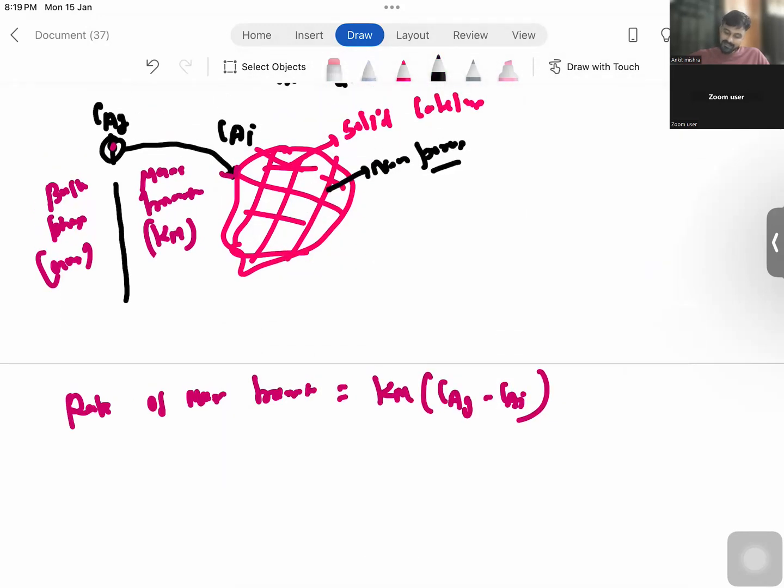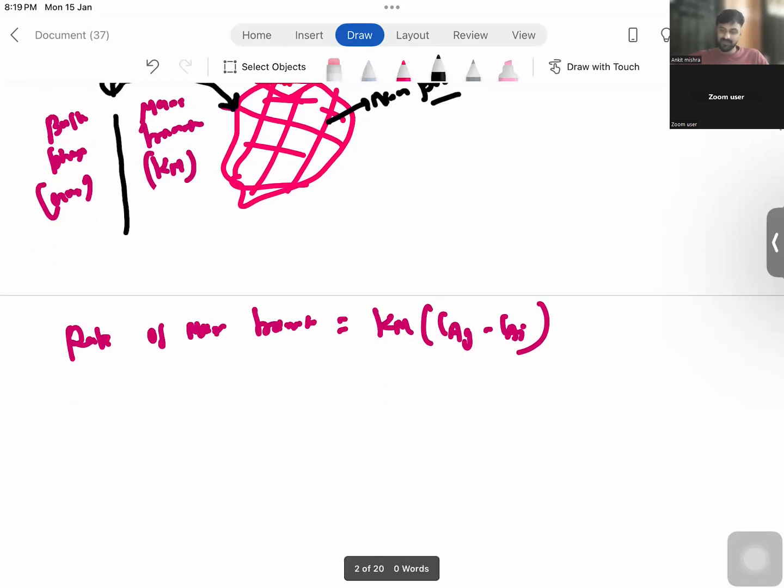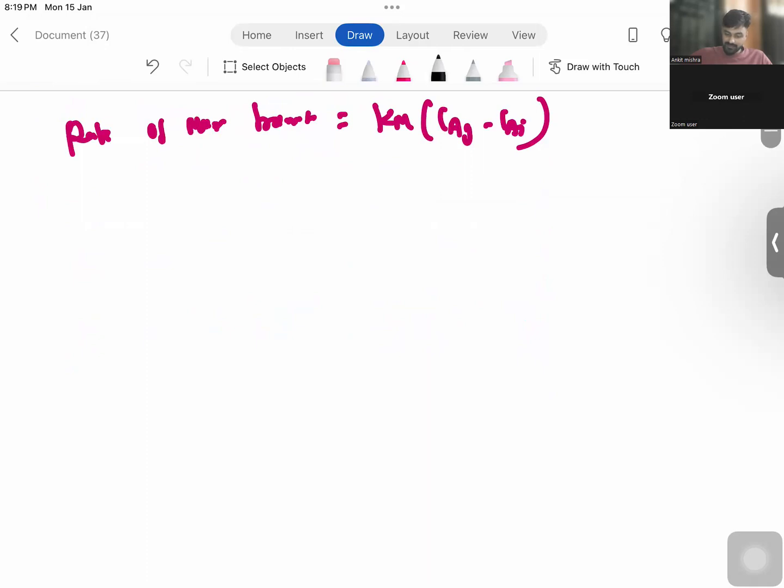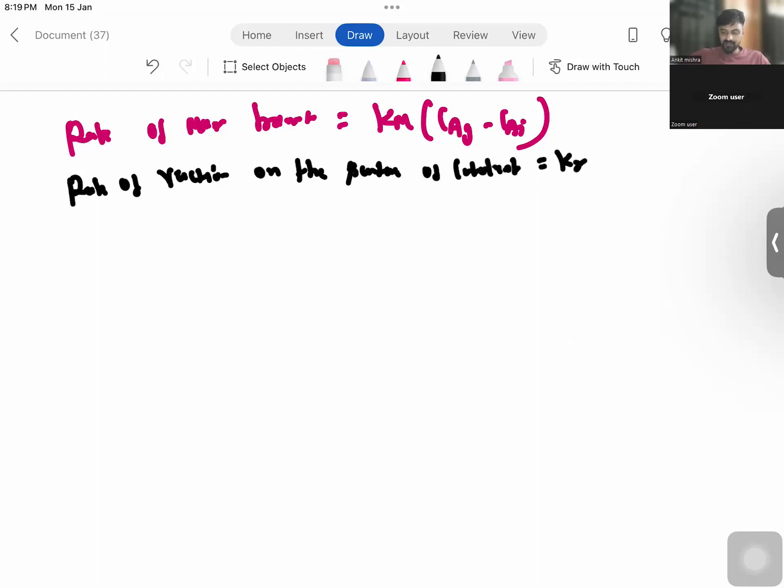Now, this reactant will come to the surface of the catalyst. Now, reaction has to happen on the surface of the catalyst. So what you can write? That is the rate of reaction on the surface of the catalyst, that is equal to Kr, let's say I'm assuming, and obviously CAI.